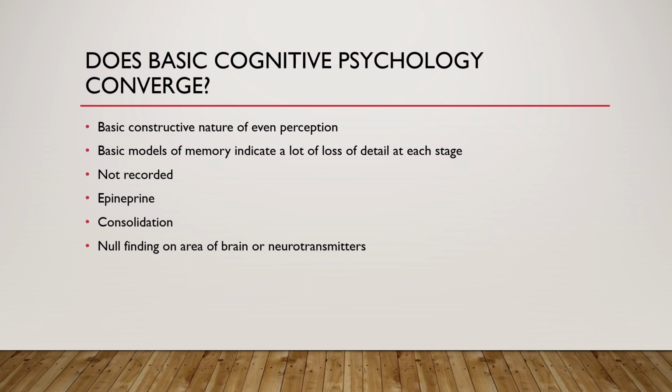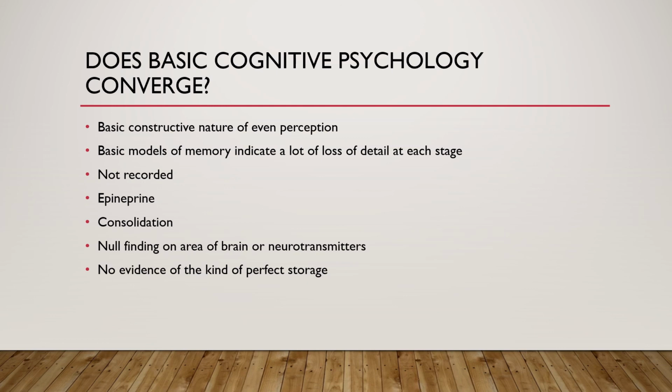And there are null findings on the area of the brain or the neurotransmitters that might be connected to repressed memories. In other words, we have not found any area of the brain that is involved in repressed memories, or a neurotransmitter that represses memories, anything like that.